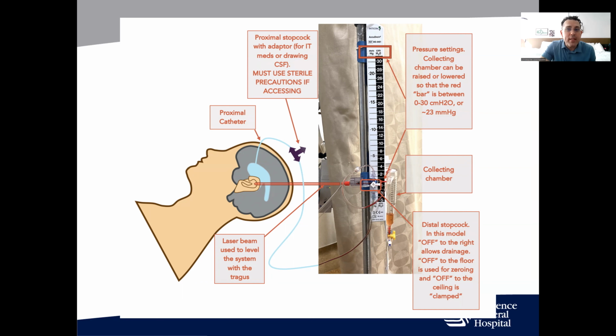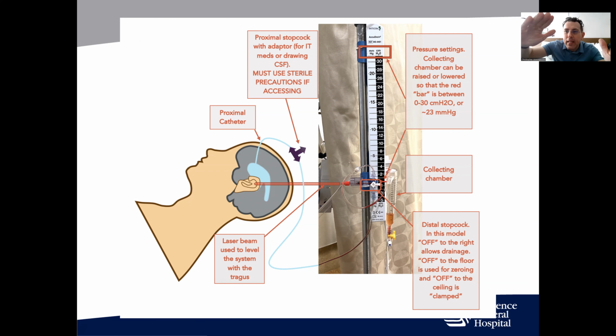Now, this is a particularly important point, and I wanted to show this here: at the current moment, this particular EVD is open for drainage. And so what is important to keep in mind? If there's going to be any patient movement whatsoever, you need to close the EVD off. And the reason why is, let's say if I came in to do an arterial line on the patient, and I asked to raise the head of the bed of the patient up high.